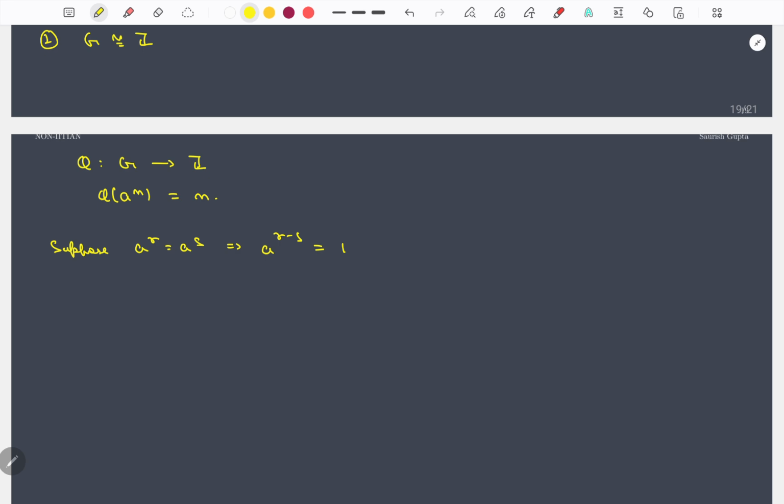We have assumed that the order of a is not finite, that is, there is no positive integer n such that a to the power n is equal to 1. But we are getting a to the power r minus s equal to 1. So by assumption, r minus s must be equal to 0, since the order of a is 0 and there does not exist a positive n such that a to the power n is equal to 1. So this implies r is equal to s. This proves that phi is well defined, and this was the exercise which I was trying to give.